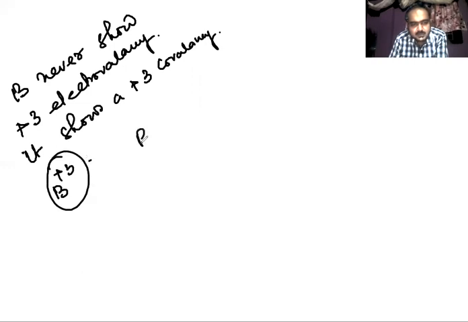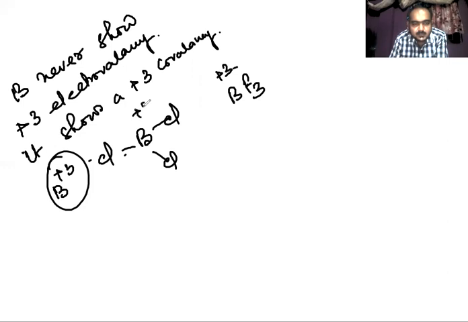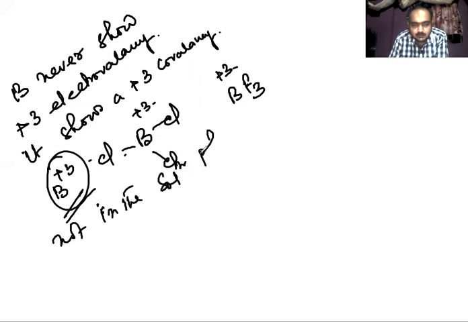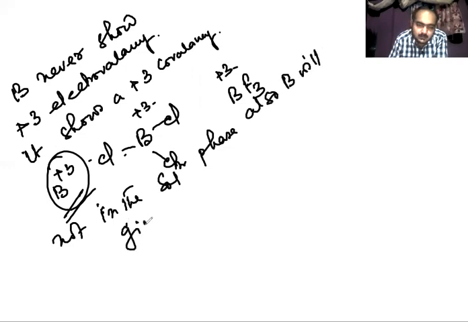You can see that in case of BCl3 or BF3, the oxidation number is plus 3, but you will not find it in ionic form. Not in the solution phase also, boron will give plus 3 electrovalency.